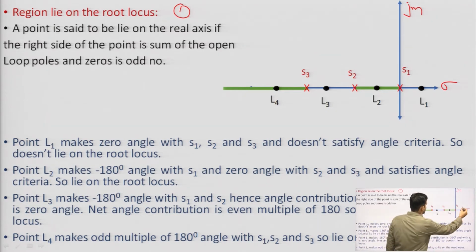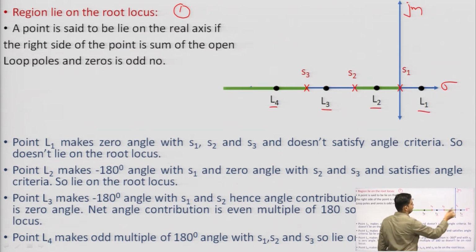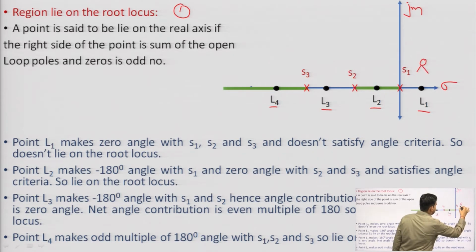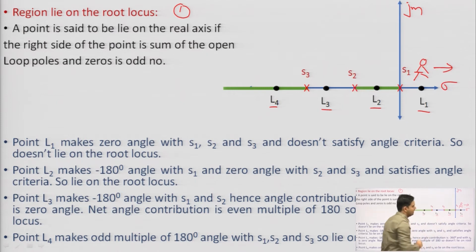Here I need to look at certain points. I have drawn location 1, location 2, location 3 and location 4. If I am standing at location 1, I have to look in my right direction: is there any pole or zero, right? Here the number of poles and zeros is 0, nothing is here.